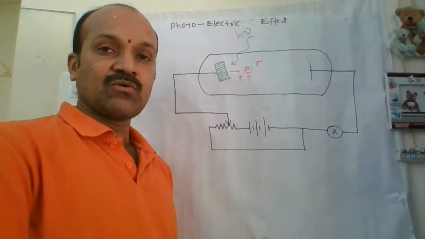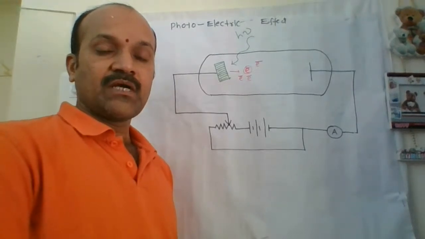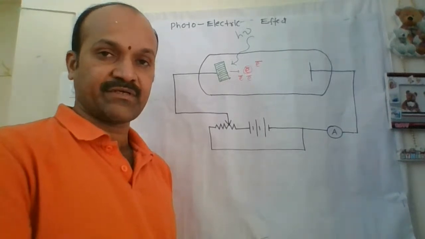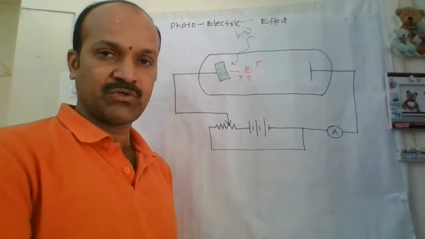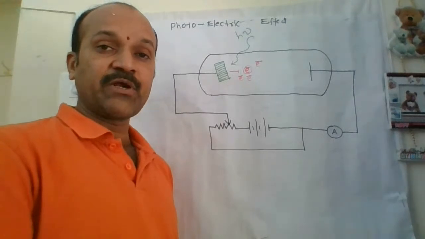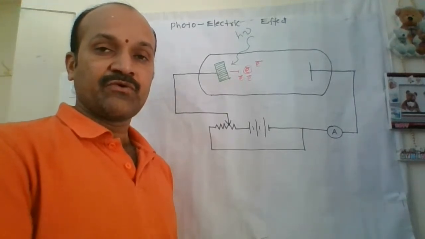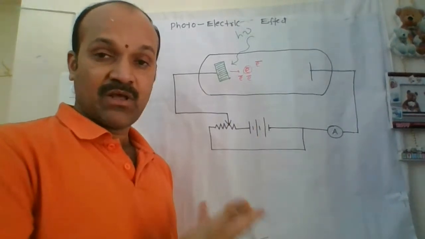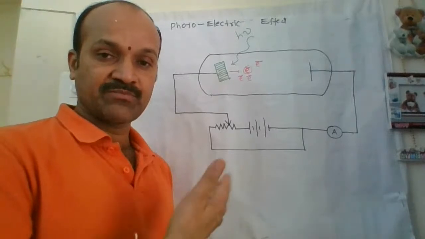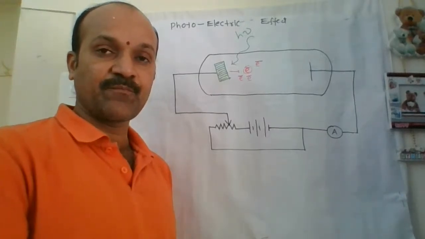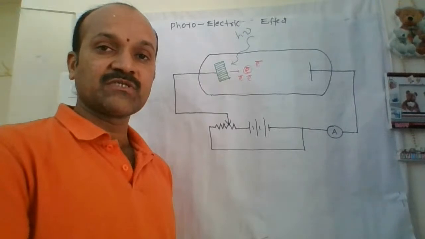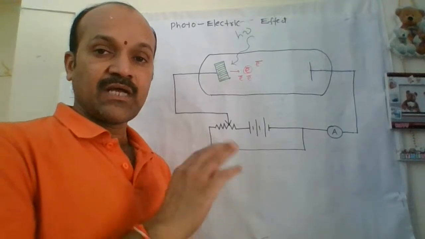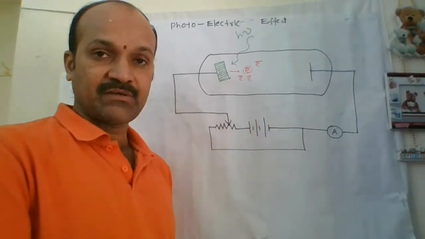Clear? So here, if you see the heading photoelectric effect, photo in the sense of light. When light is made to incident on a few particular metals, for example alkali metals: sodium, potassium, cesium, magnesium, etc. If the light is made to incident on these alkali metals, then electrons will be emitted out from the alkali metal.